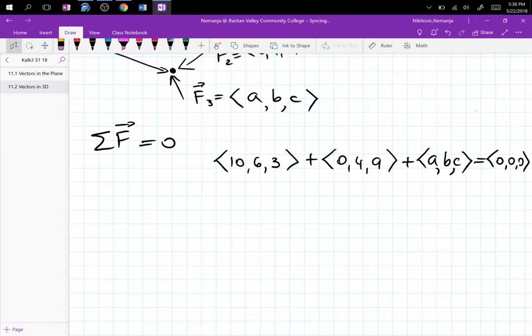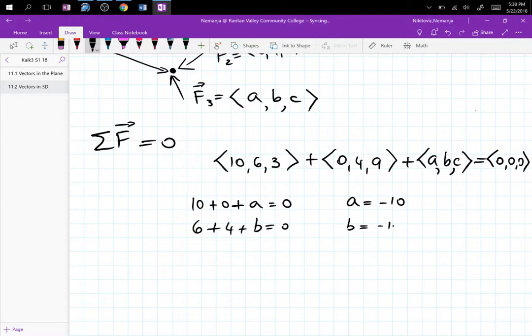So now we know that we are supposed to add all of the x components. That gives us one equation. 10 plus 0 plus a equals 0, from where a is negative 10. 6 plus 4 plus b equals 0, from where b is negative 10. And 3 plus 9 plus c equals 0, from where c is negative 12.